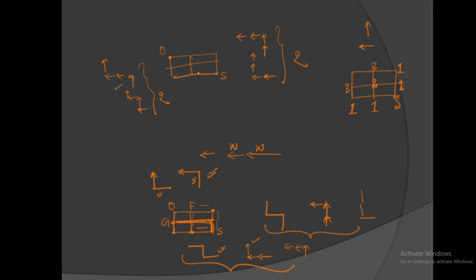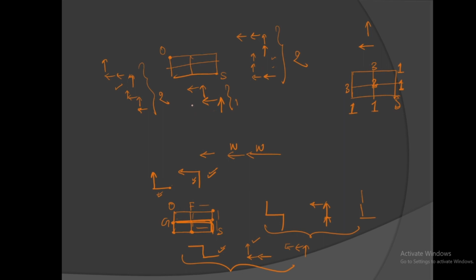Let's see, are there any more? We have not taken, suppose we go up movement, up movement, and then left movement. Right? We have not covered this. So again over here, one more way.